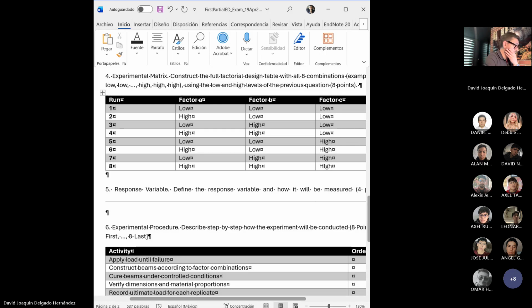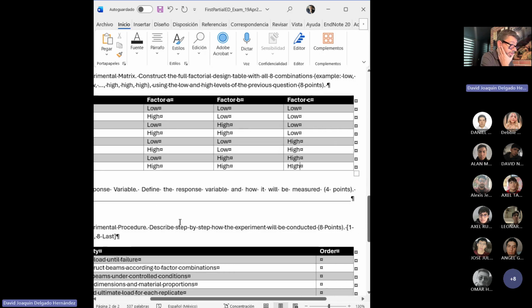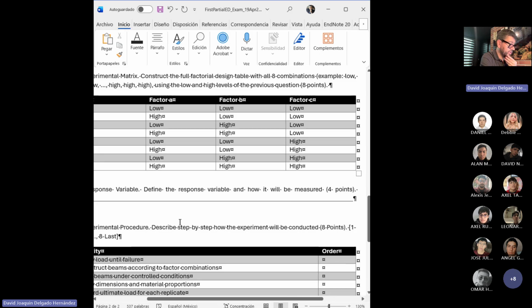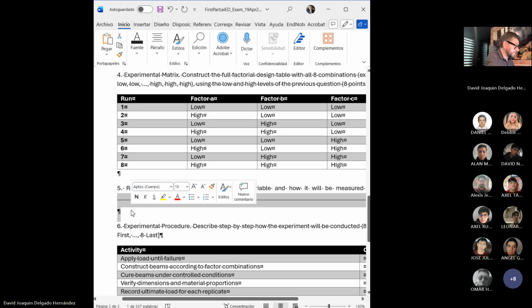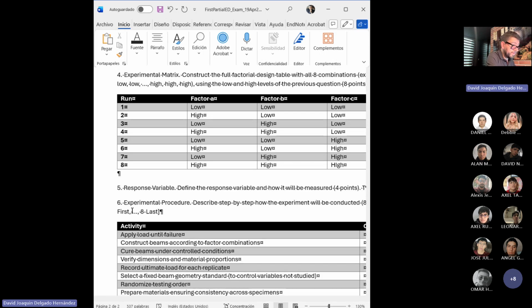Okay? Well, let us now move to question number 5. So, response variable. Define the response variable and how it will be measured. Okay. So here you should put the following answer.